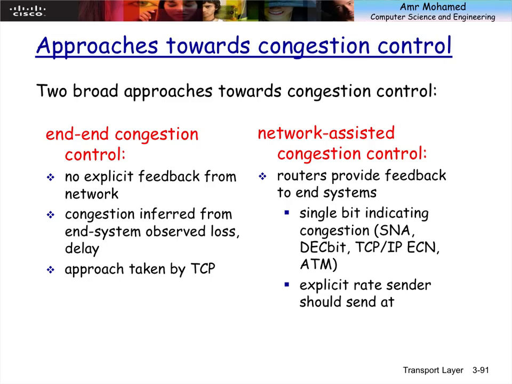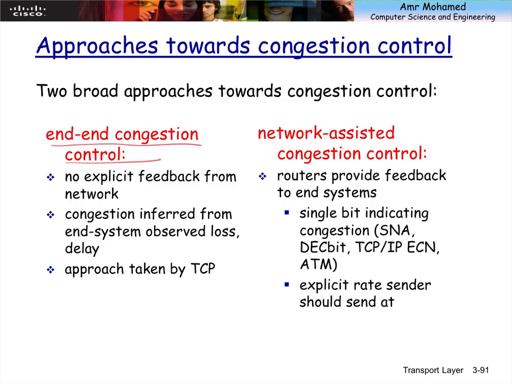So if we know that congestion control is not an option, how do we know that there is congestion? TCP doesn't have visibility to the network. So there are 2 categories of congestion control techniques.